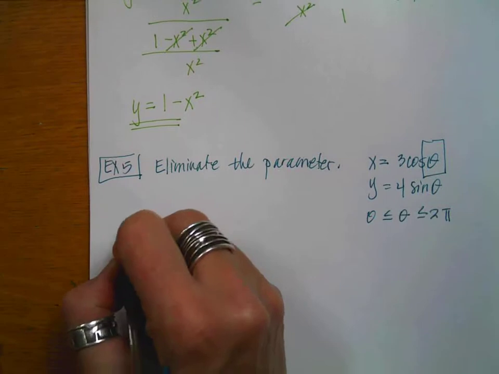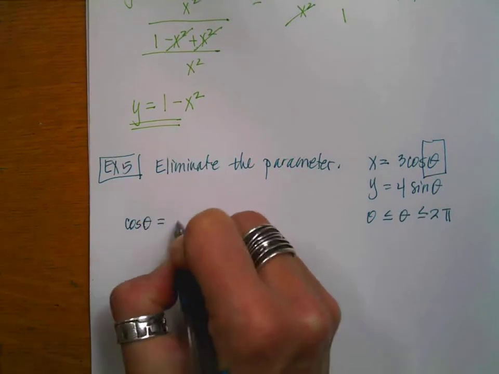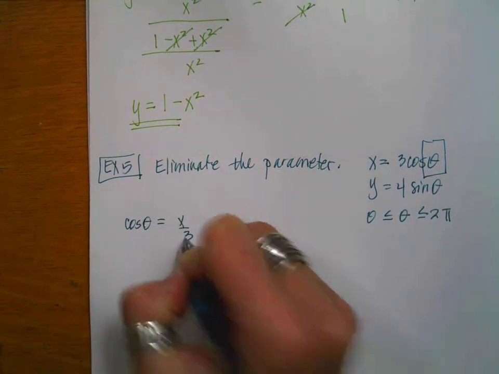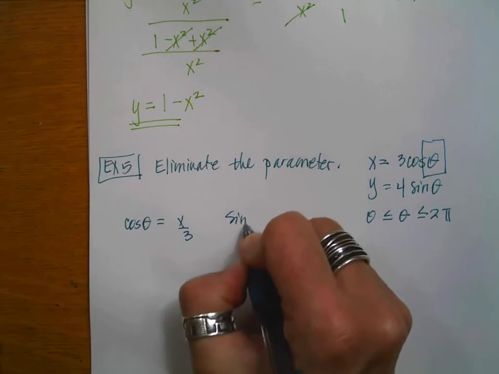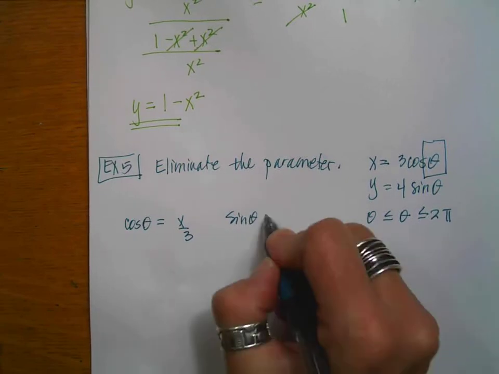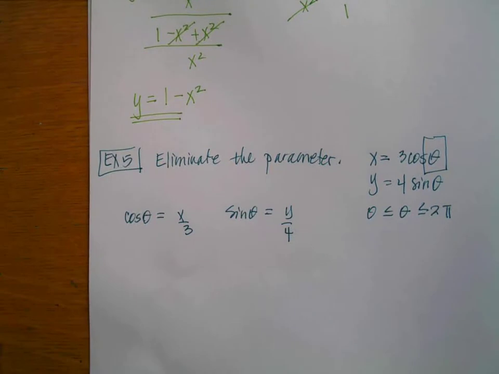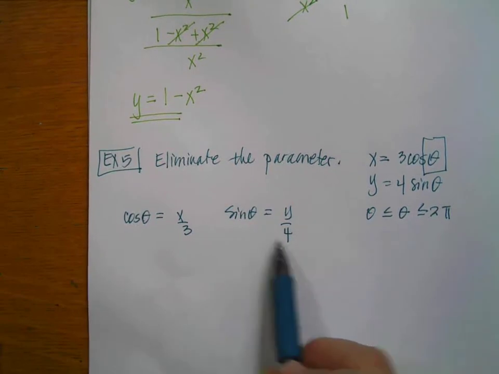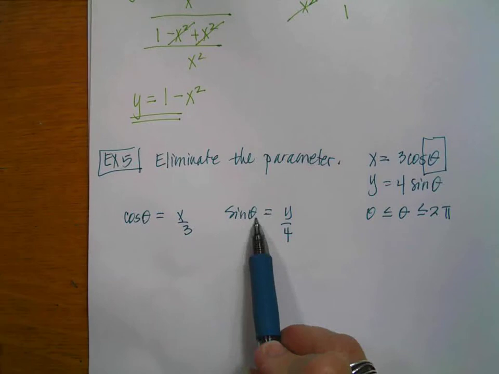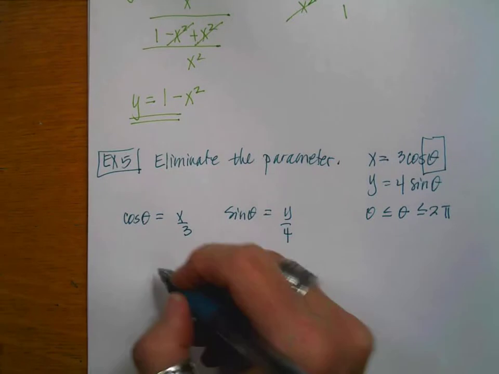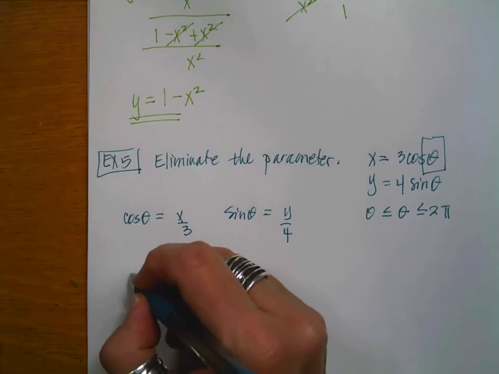Alrighty, so I'm going to solve for theta. So the cosine of theta is going to equal x over 3, and the sine of theta is going to equal y over 4. Because we are working with sine and cosine, it's a cool little trick.